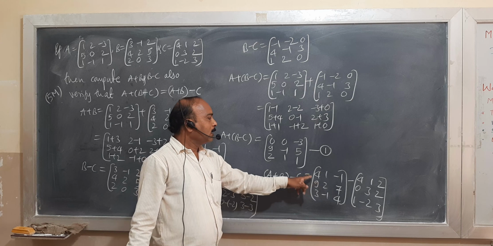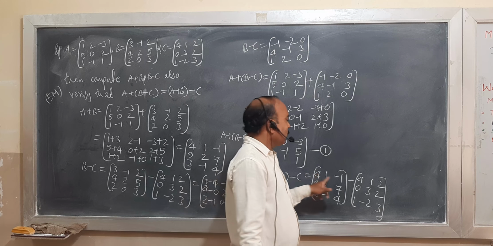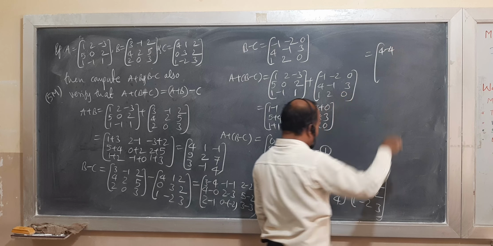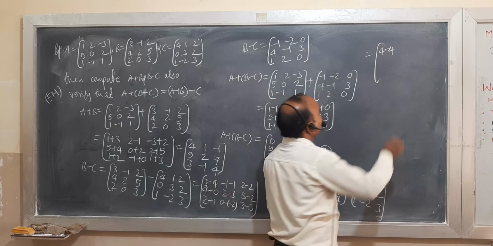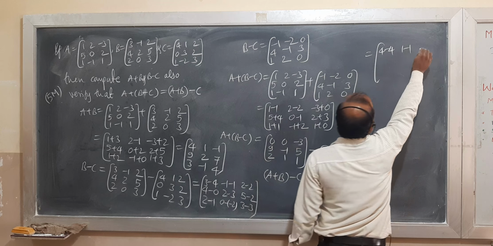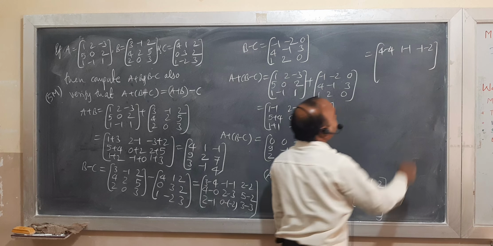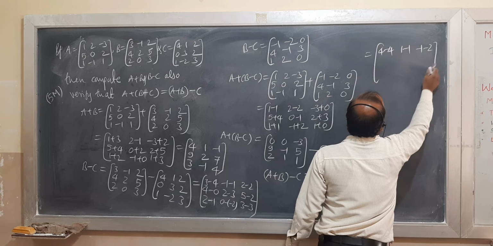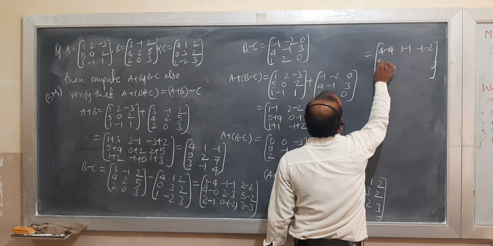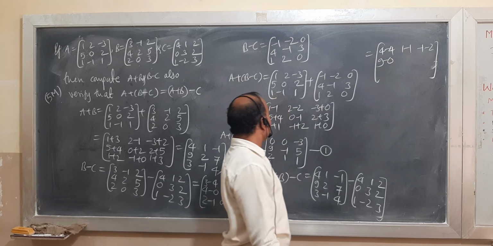Now we take the difference of these two. First 4 with 4, that is 4 minus 4. Next 1 with 1, 1 minus 1, minus 1 minus of 2, that is minus 1 minus 2. Next second row, 9 with 0, that is 9 minus 0.